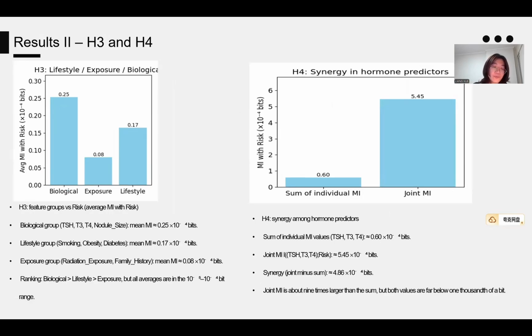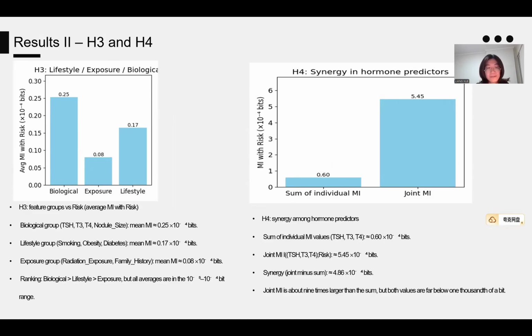For H3, I group predictors into biological, lifestyle, and exposure. The average MI for each group is shown in the figure. Thus, biological is greater than lifestyle, and lifestyle is greater than exposure, consistent with biological markers being more directly related to risk.